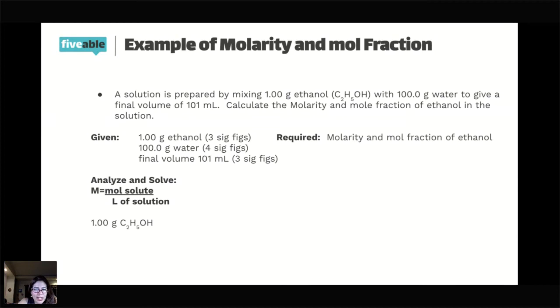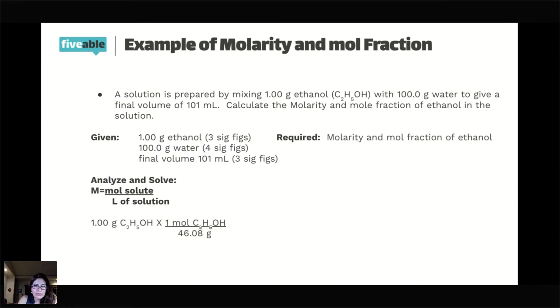How can we change grams of ethanol to moles of ethanol? What do we need to do? Okay, what we need to do is to change it to moles using the molar mass. Remember that we get the molar mass values from the periodic table.